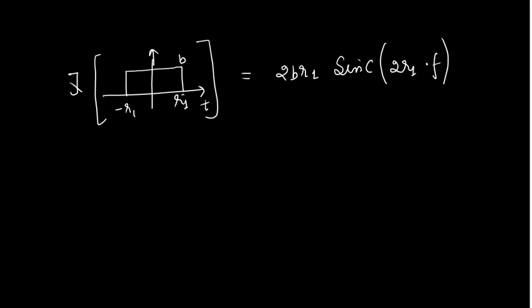You can remember this using a trick: this is nothing but the area of the rectangular pulse. If you want to evaluate the Fourier transform of this pulse, it will be the area of the rectangular pulse. The area of the rectangular pulse is 2BR1, where 2R1 is the width of the rectangle.